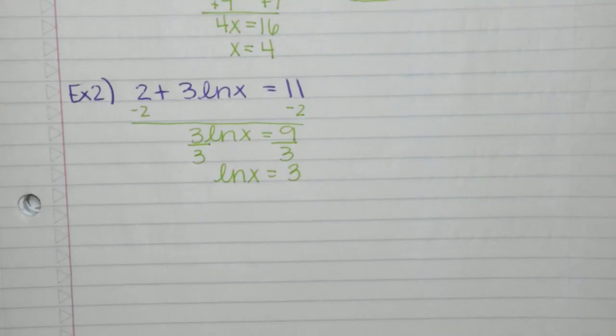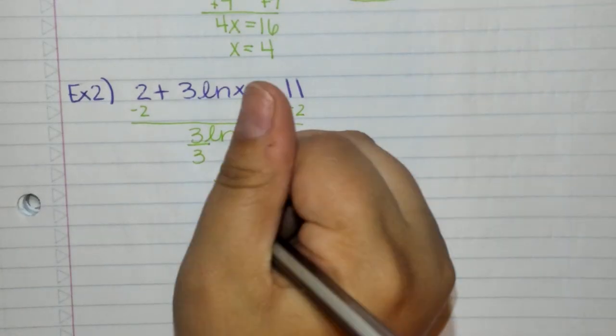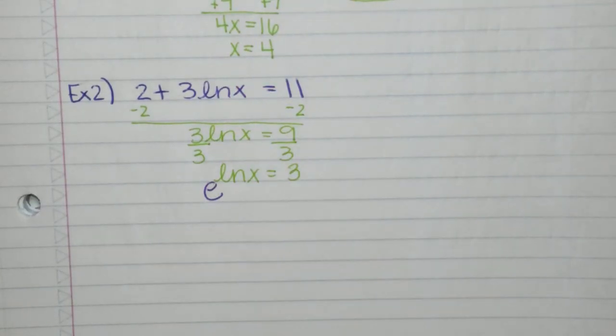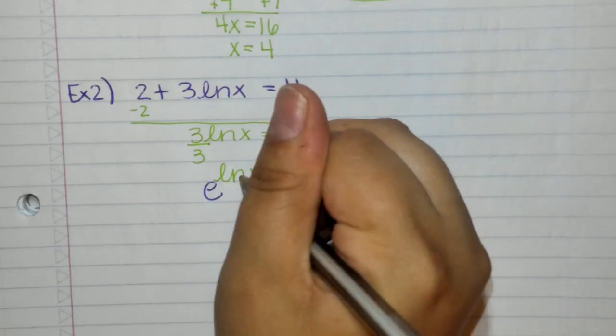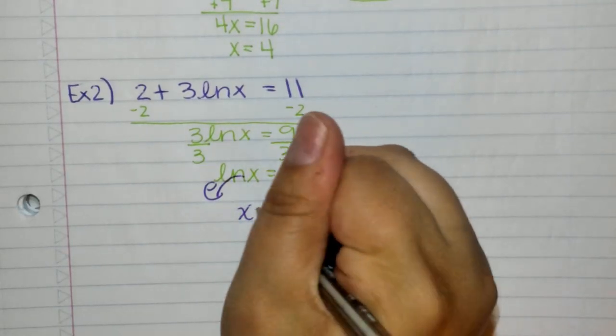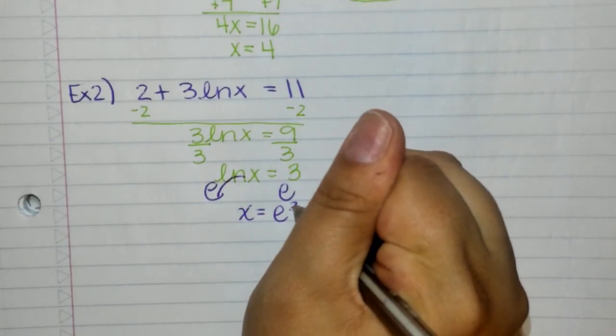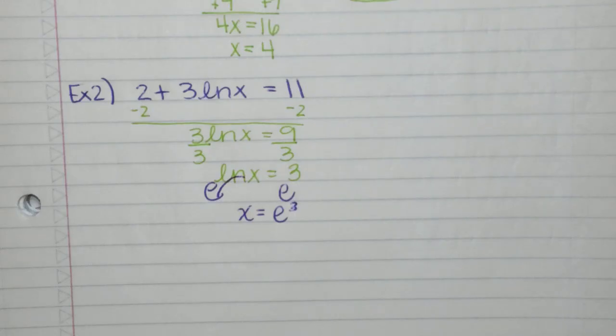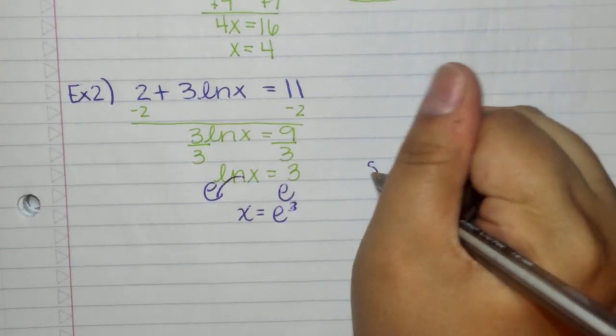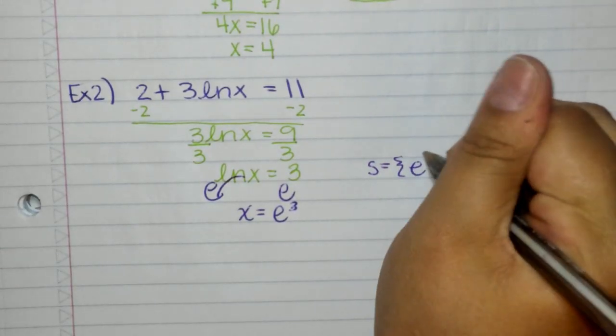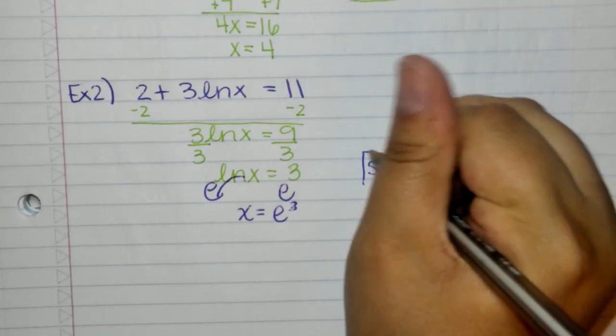And then how do I get x by itself when it's with a natural log? Exponentiate. The inverse of natural log is e. And what you do to one side, you do to the other. So x is going to equal, do you know what e to the third power is? Cool, me neither. That's your answer. You are not getting Desmos, so you just leave it like that.